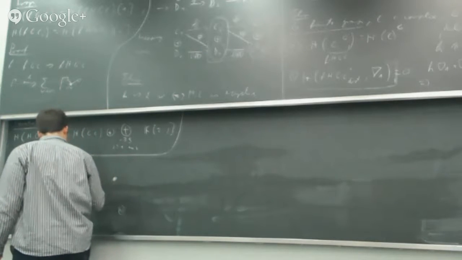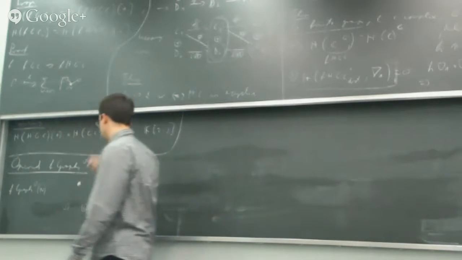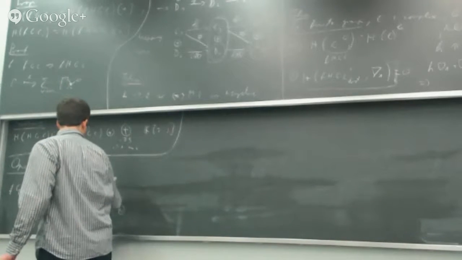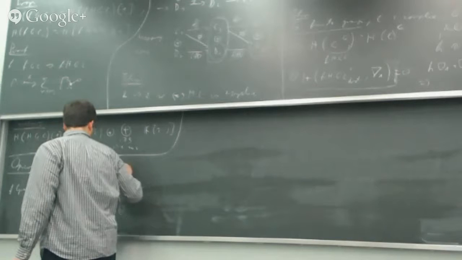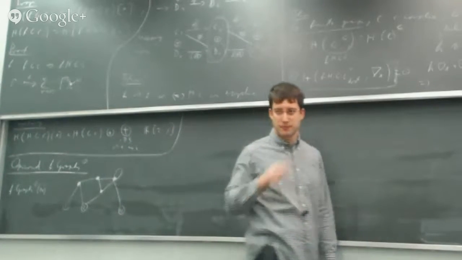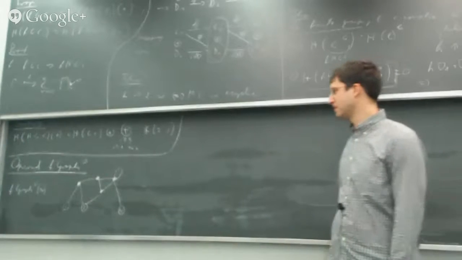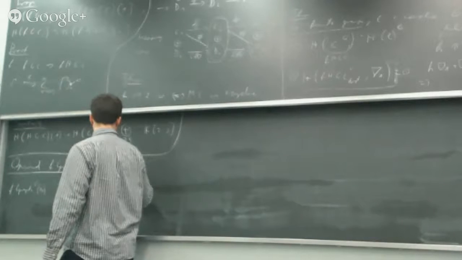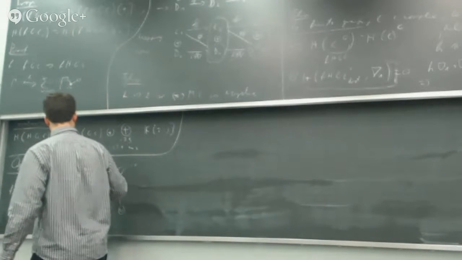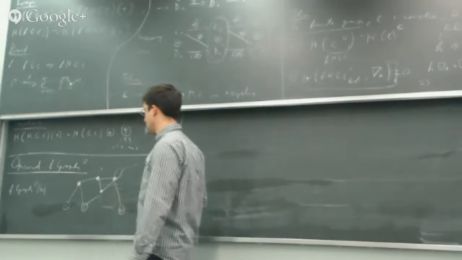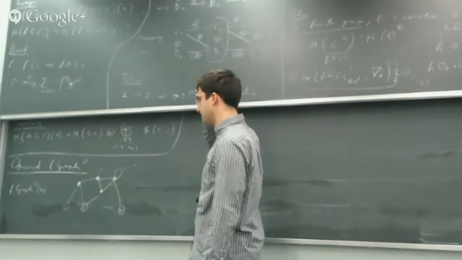I will write them with a full dot and edges. Where degree of the edge is -1, degree of this internal vertex is 2. Yeah, that's it.